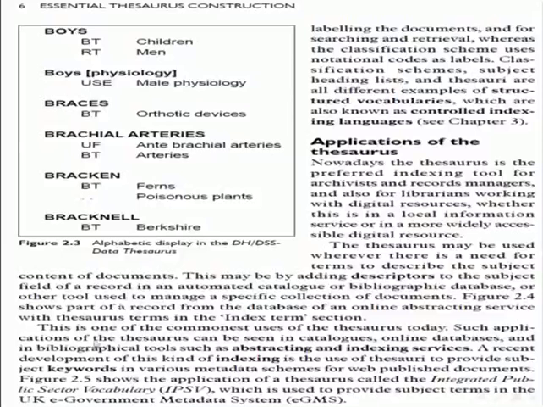Such applications of the thesaurus can be seen in catalogs, online databases, and in bibliographical tools such as abstracting and indexing surfaces. A recent development of this kind of indexing is the use of thesauri to provide subject keywords in various metadata schemes for web published documents.